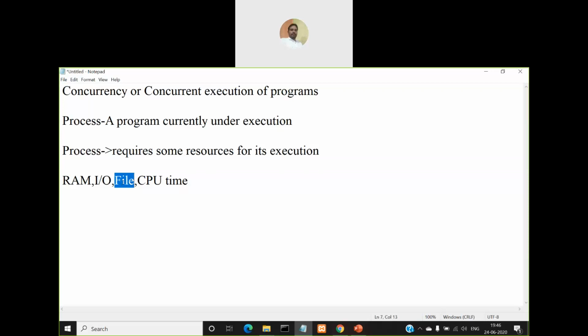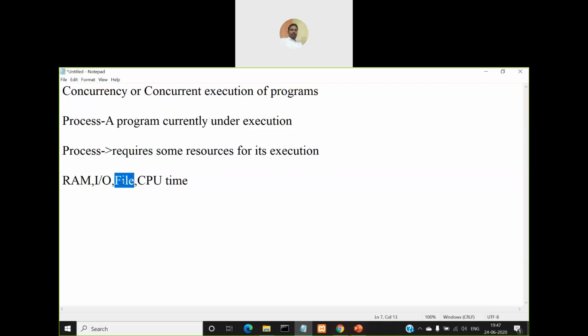Similarly, when you're using pencil, you'll not be using the eraser also. In that way, no student will use all the resources at a single time. Similarly, no program or no process in computer science or in operating system context will utilize all the resources at a single time. Sometimes it may utilize, but not always.